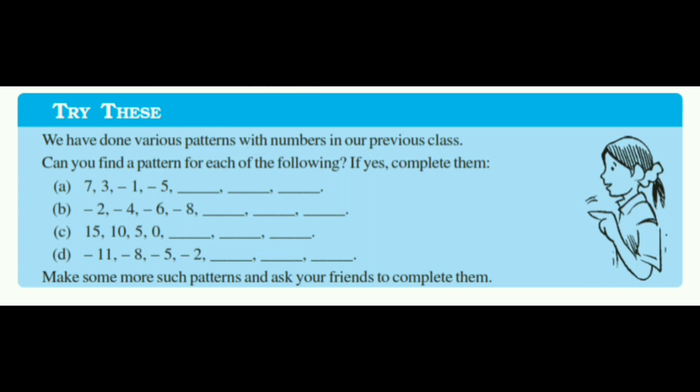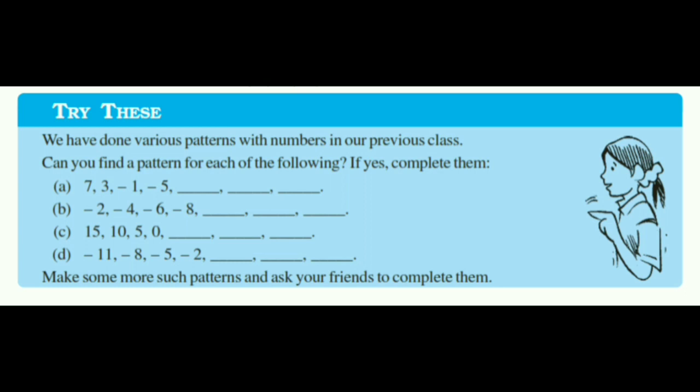The first two I will discuss with you, and next two you try on your own. Now over here the numbers are printed like 7, then 3, then -1, then -5. What will be the next three numbers?